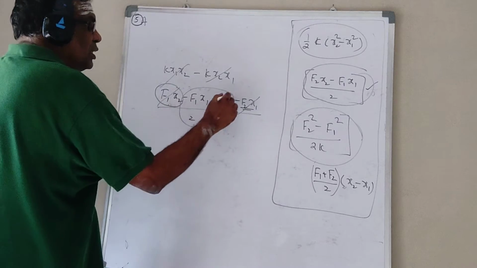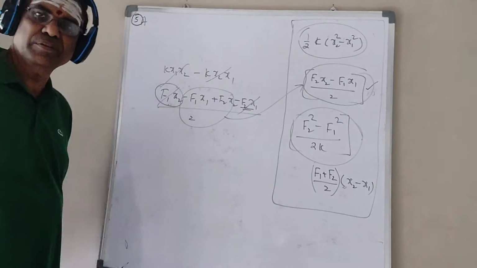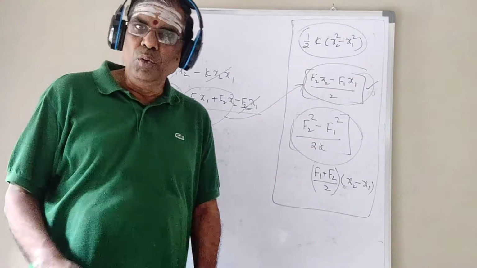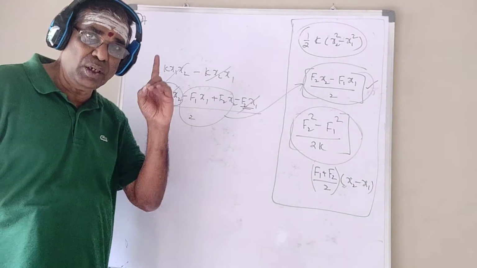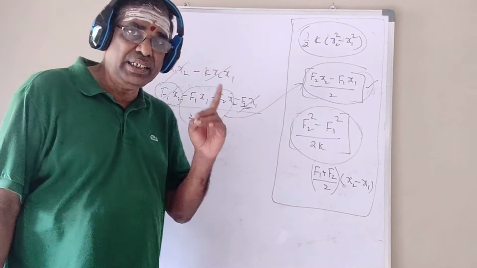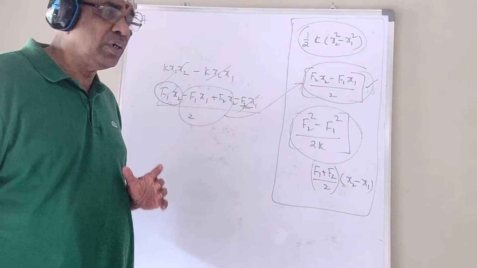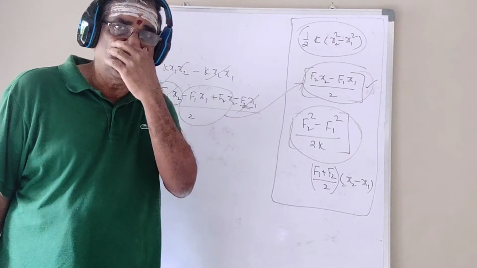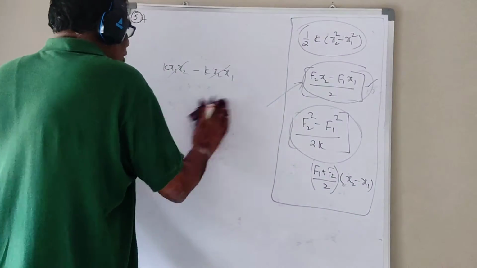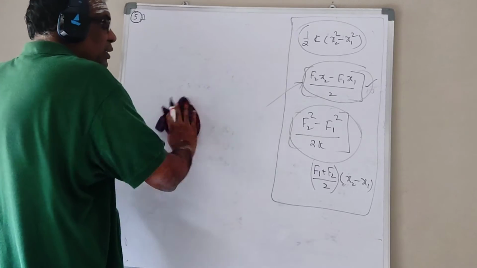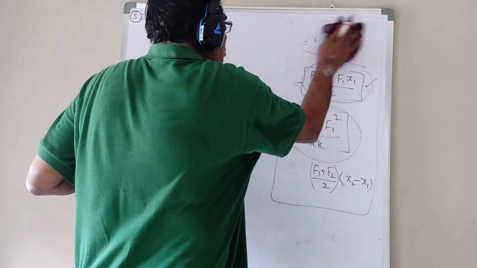That leaves us with the expression. Only to confuse people, they try to ask in this way. This is valid only for, I repeat and reiterate, any time force is proportional to the displacement. This is valid, okay?